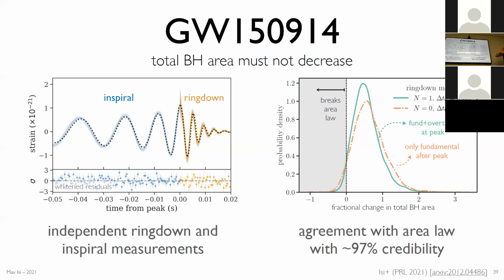Or we can do the same, a little more conservatively, going later in time and using a model that just has the fundamental mode well after the peak, at a point where the signal should be described by a single damped sinusoid. In that case, you get the orange curve. They are roughly consistent to a few percent. With the orange curve, you get like 95% instead of 97% probability of breaking the area law, in the sense that the area could have decreased, and that's given by this little tail of probability.